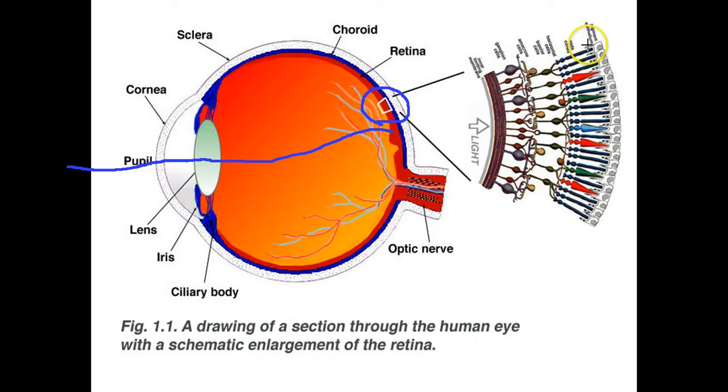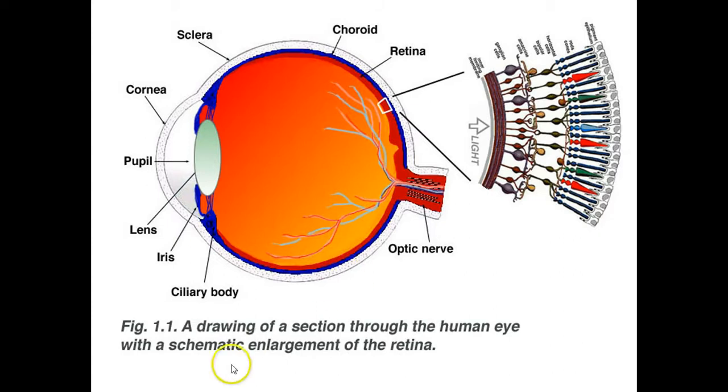The first layer that I need you to realize is going to be this part right here. This is the pigment part. What light does is it comes through and passes through all of these cells and hits this pigmented portion. The pigmented portion absorbs that light and changes it into chemical form.